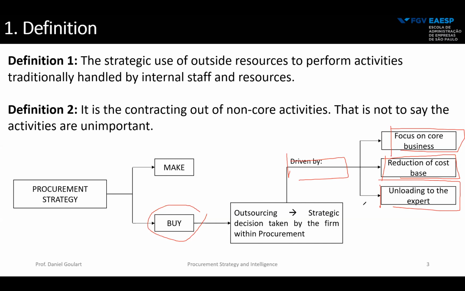We could have another box here saying to release capital, transform stuck capital in warehouses, in buildings, in infrastructure into cash, and releasing this money that is stuck in infrastructure to cash, using this cash to invest in core business.